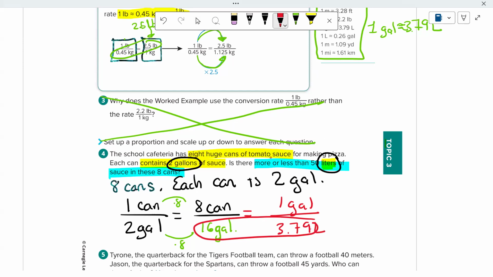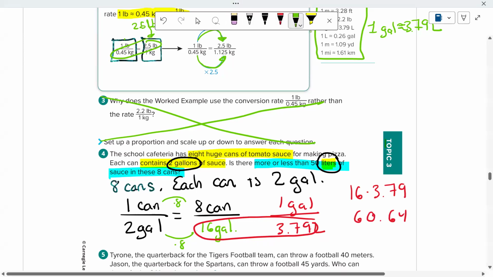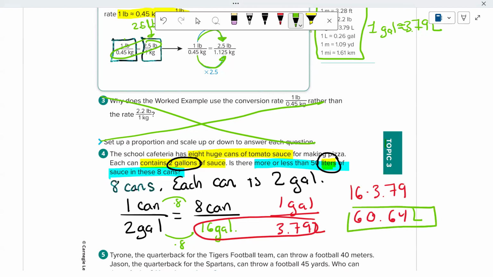So it's gonna be 16 times 3.79, and that gives me 60.64. I probably shouldn't write an equal sign here because it's not a proportion, but you have to understand you're converting that. 60.64 liters. So is 60.64 bigger than 50? Yes. You have more.